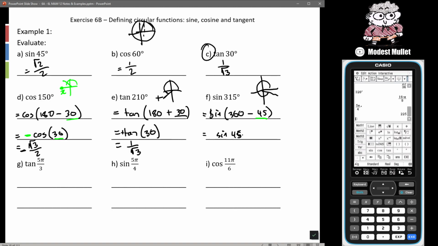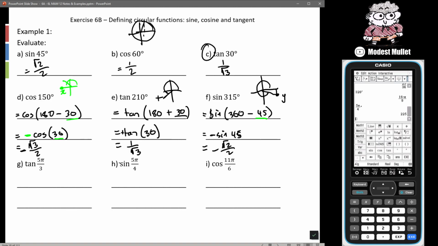And is it positive or negative when we think in terms of my original quadrant? Well, sine is asking for the y component, and the y component down there is negative. So I convert it to that. Sine of 45 is root 2 on 2. And I just write it as negative.